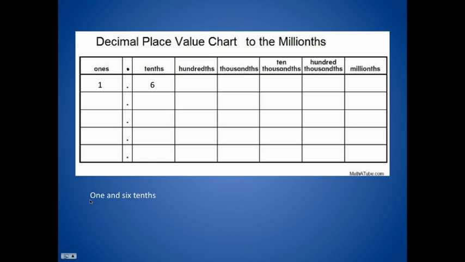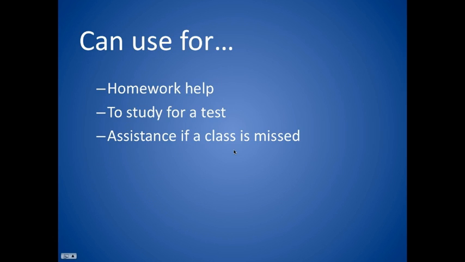If you said 1 and 6/10, you are correct. We have a 1 in the ones, the decimal point you say is "and," your 6 is in your tenths column. This would be a good example of how to use screencasting and other asynchronous technologies in your classroom.